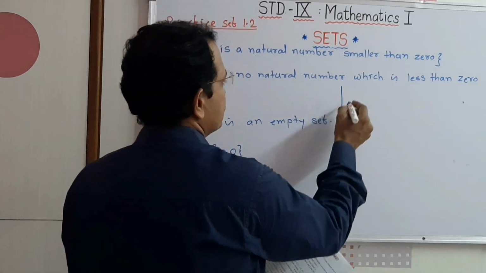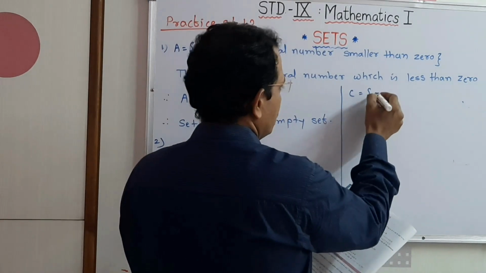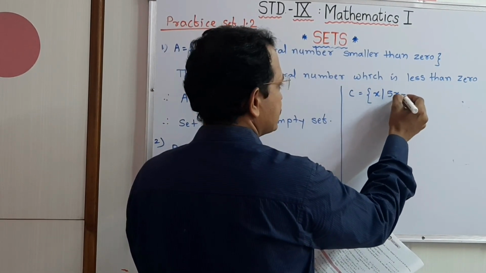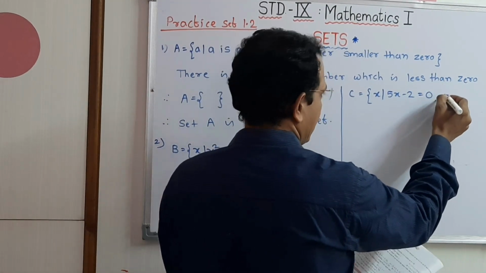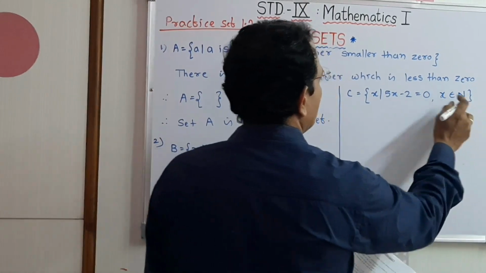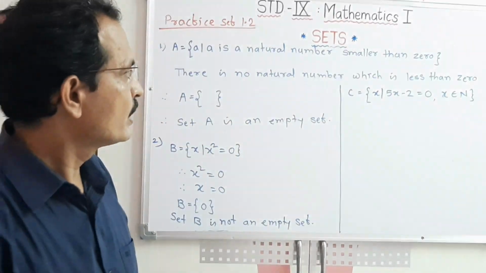Third set is given. C is equal to the set of x such that πx minus 2 equals 0 and x belongs to natural numbers. Now see this set carefully.